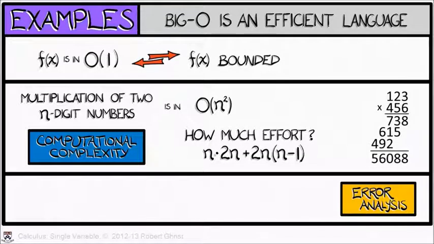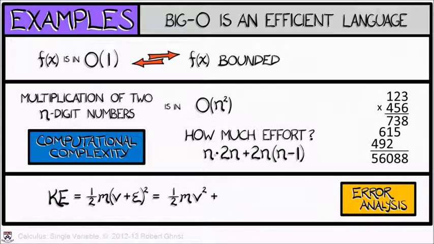Error analysis in engineering, physics, and other sciences is another excellent application. Let's say that you know the kinetic energy of your body is 1/2 the mass times the velocity squared. But let's say that your measurement of the velocity has some error associated with it. Epsilon, we'll call that error, and we'll assume that epsilon is very small. What is the induced error in our kinetic energy?